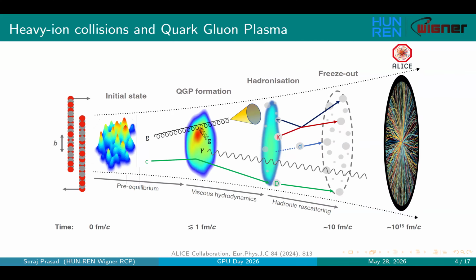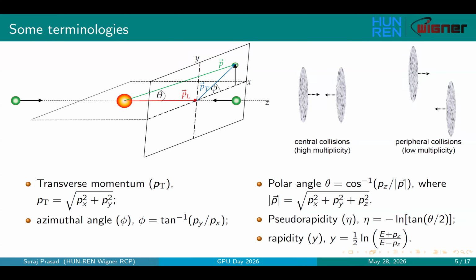Before I go to my further slides, I'll just introduce some terminologies quickly. So we have two incoming ions colliding, and we have this yellow region, which is the system formed, and a particle is emitted with momentum p.